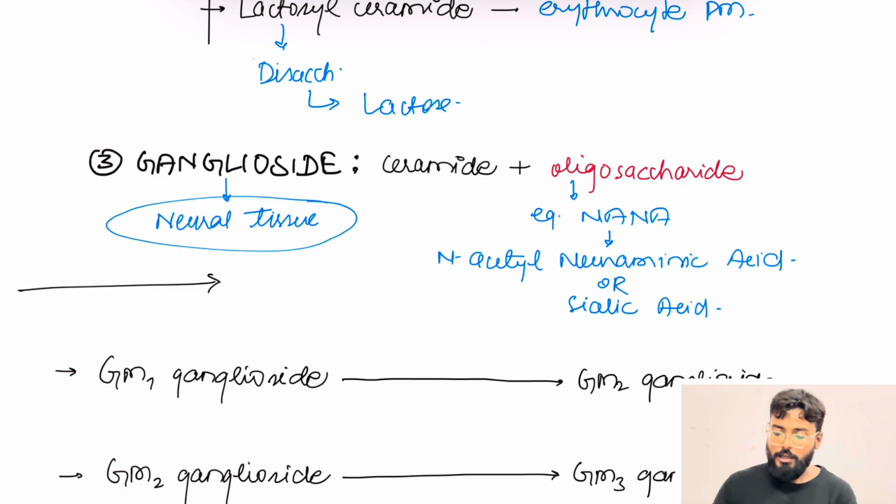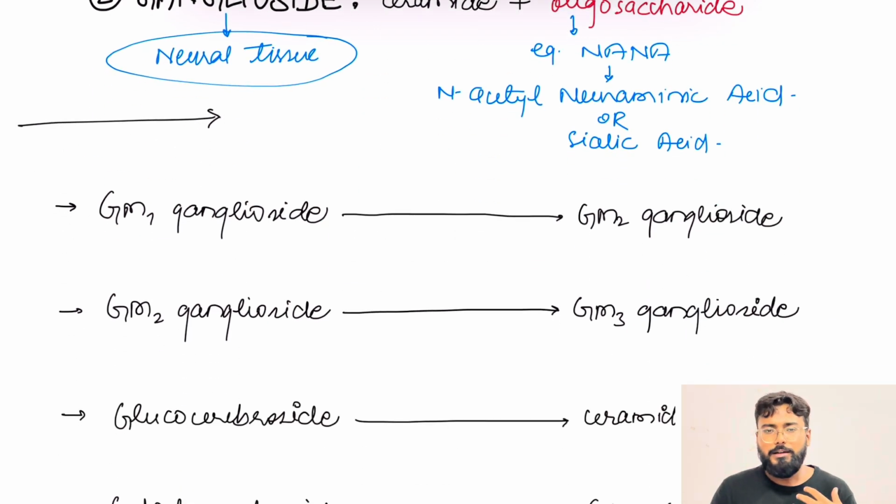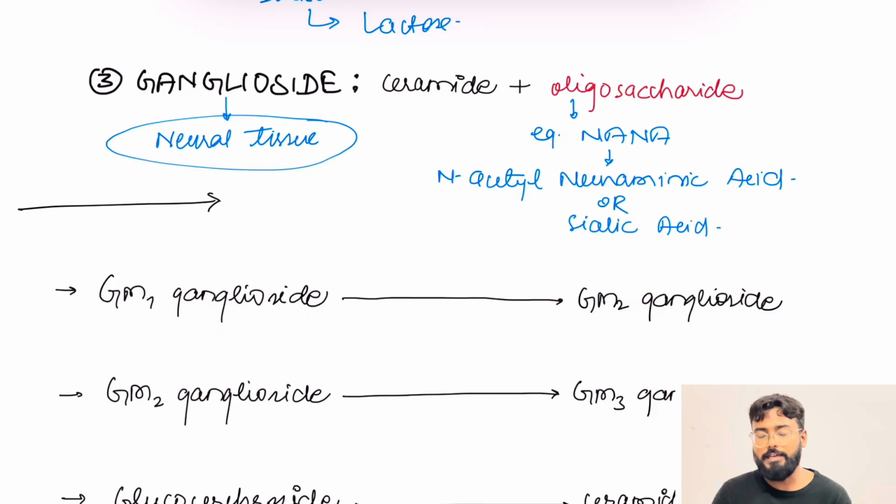Now let's see some very important enzymes and substrates that are going to contribute to certain diseases, that is your sphingolipidosis, when they are defective. So see, gangliosides are of certain types.